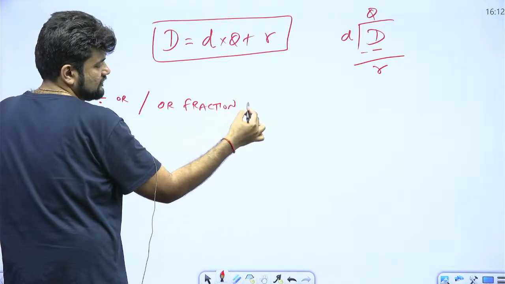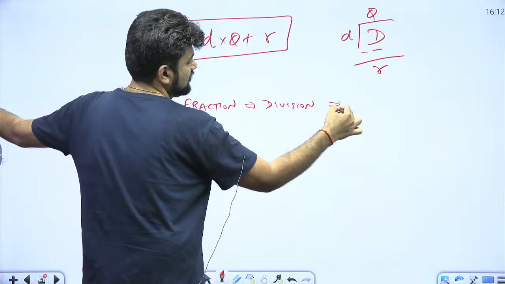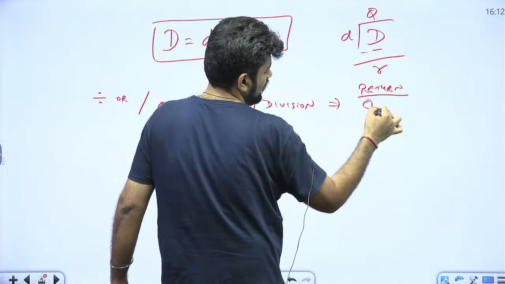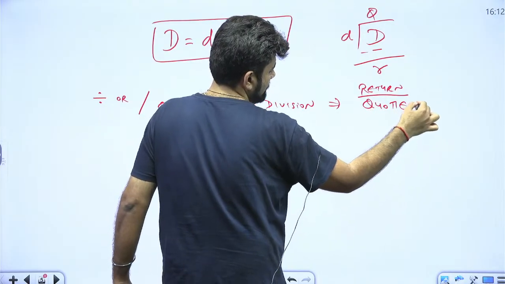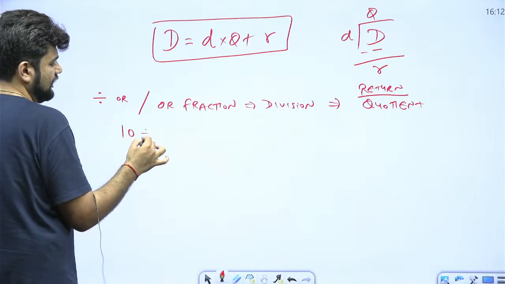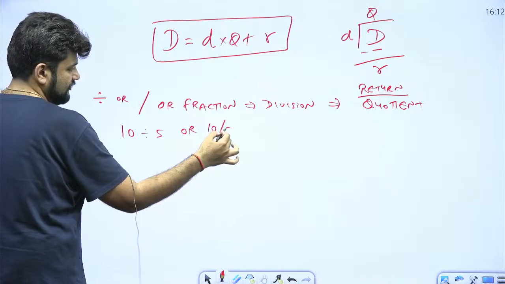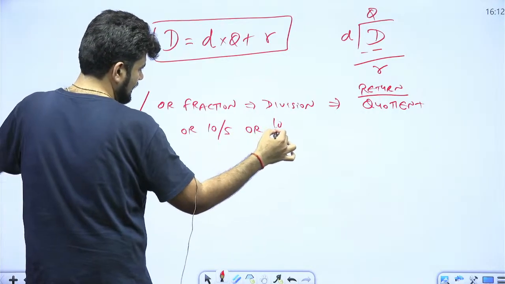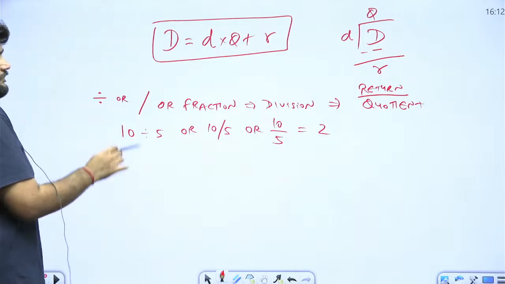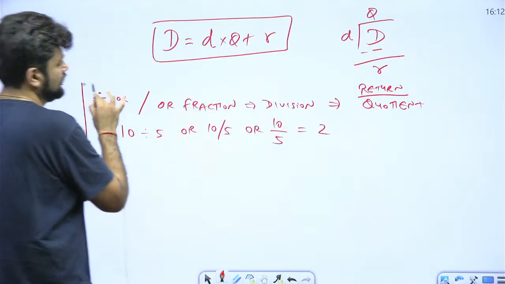In all these three cases, I call them division. And what is the return value? What is returned to me as an answer? It is always a quotient. So for example, if I write 10 divided by 5, or 10 by 5, or 10 upon 5, what will my answer always be? 2. That means when I divide 10 by 5, I get the quotient as 2. It's a very simple process. You already know this.